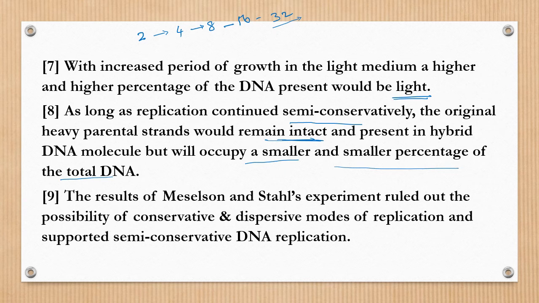In the first generation, 100% are hybrid DNA, that means every DNA molecule contains a heavy DNA strand, one strand of N15. In the second generation, 4 molecules are formed, and only 50% of the DNA molecules contain N15. When it comes to the third generation, only 25% contain N15, and that too is present in the hybrid form, not the whole.